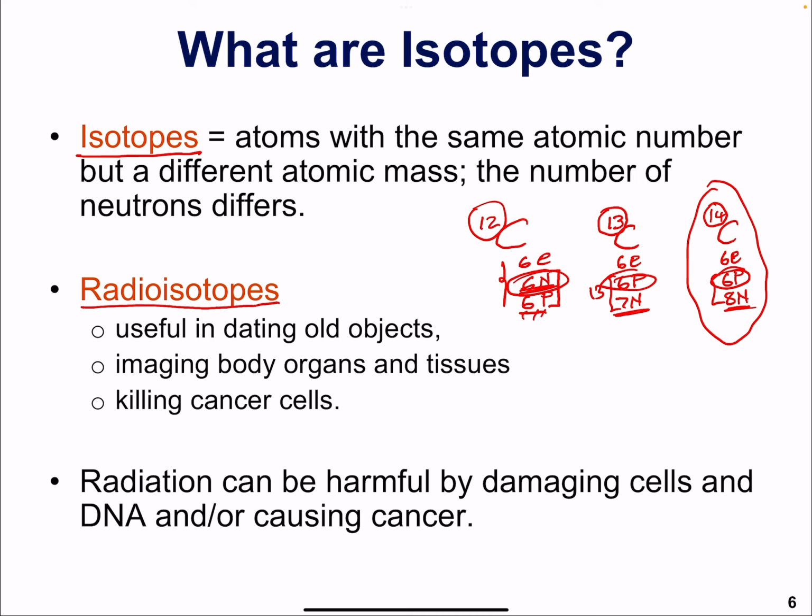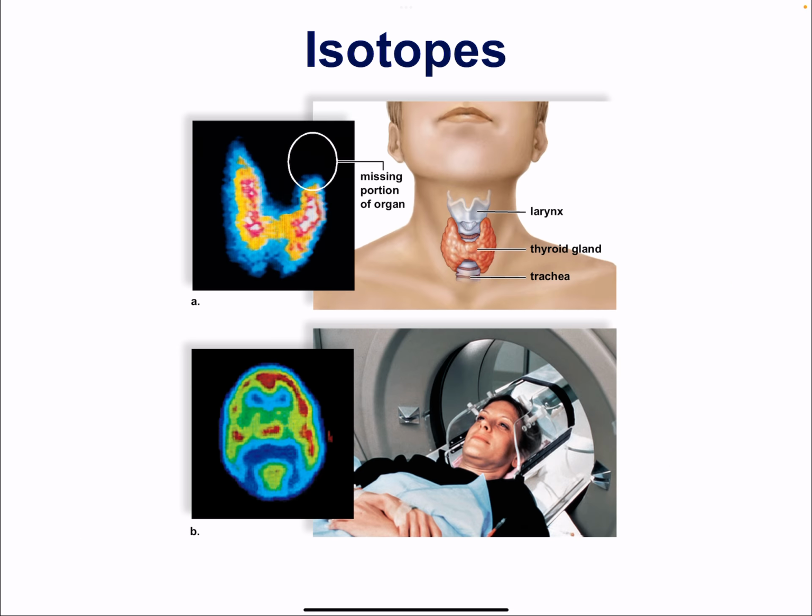We also use radioisotopes to achieve a number of other purposes, but I'm not going to dive into those details. So remember that the radiation released by radioisotopes can be harmful. How are they harmful? By damaging DNA. Okay, I want you to remember that detail.